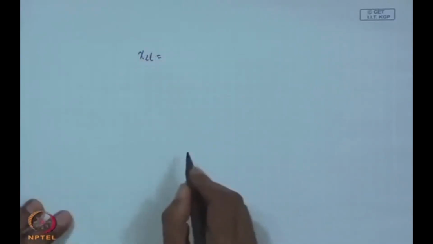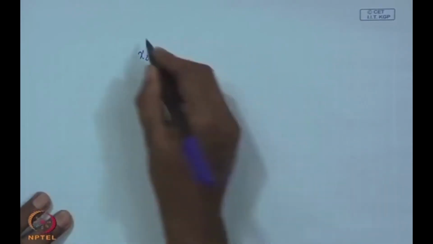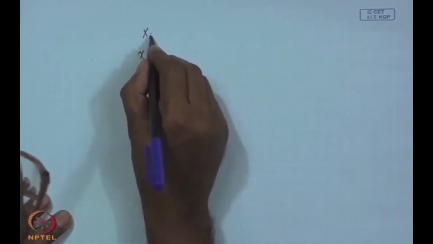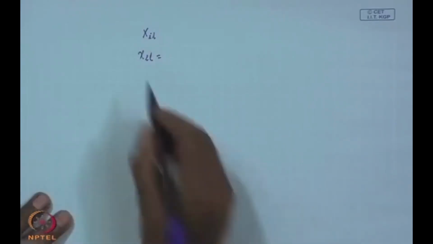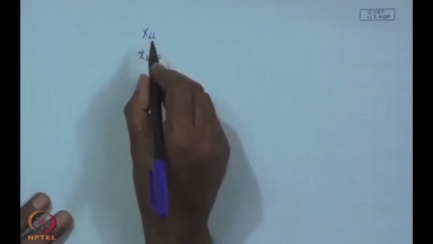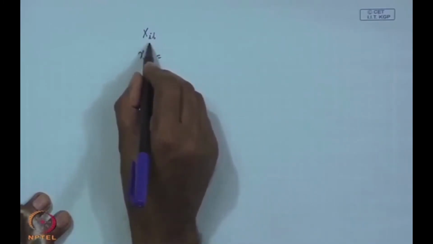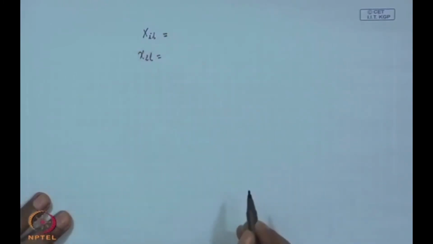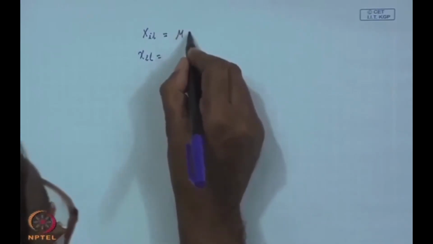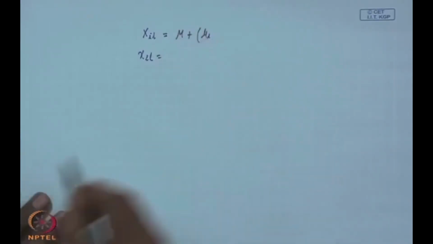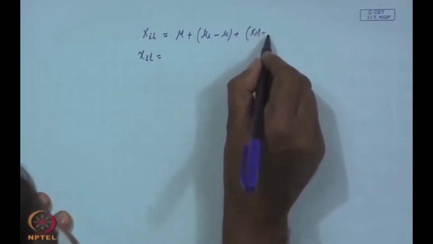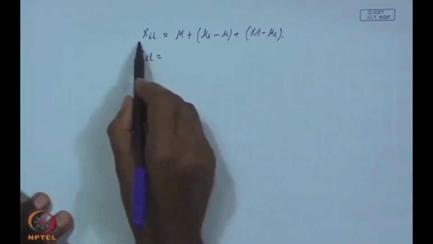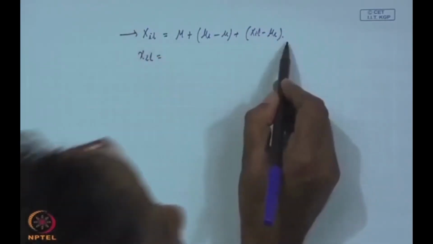We have seen earlier, from the population point of view, when I am planning to collect some data, let XIL be the observation to be collected from a population where the grand mean is mu and population mean is mu L. Then we have partitioned the observation like this. Left hand side and right hand side are both the same.